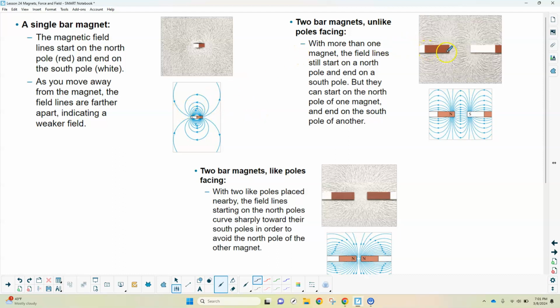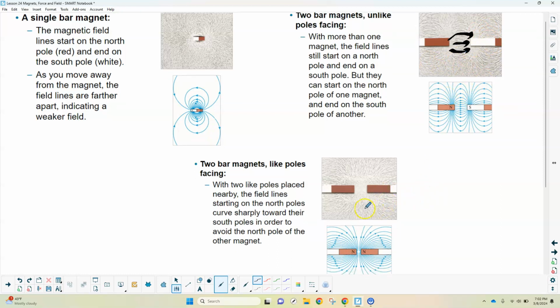Another kind of setup, we have a north end and a south end, and again, the field line should go from the north towards the south, and you can see this pattern in these filings. So that's why I brought up that toy, because it kind of shows you that. And then we also have this pattern from the north to the south, and you can see the directions of those fields and how they're influenced.